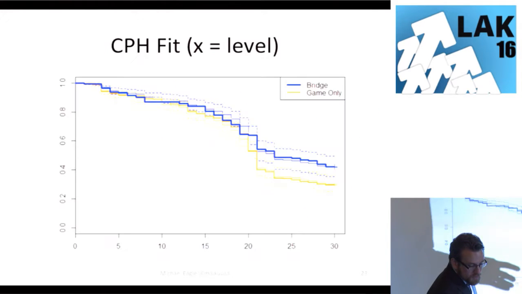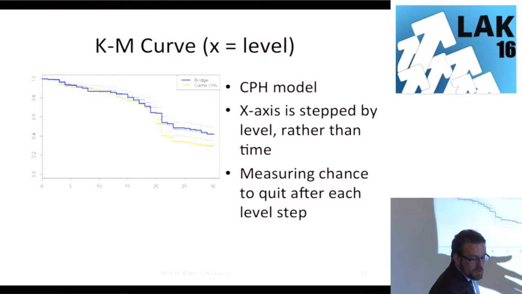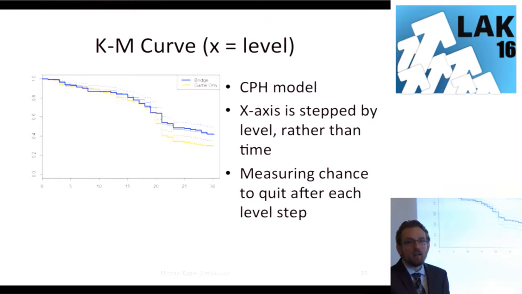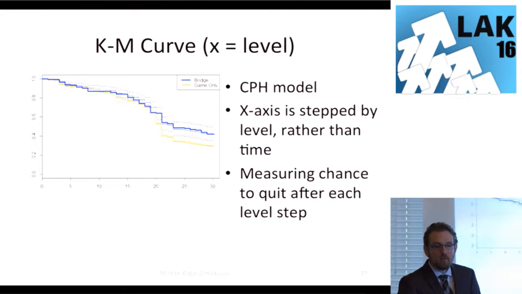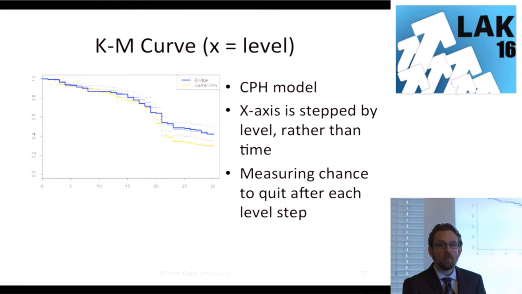Again, these plots all look really similar. The biggest takeaway, though, is that between the two groups, one group is just remaining engaged longer, and specifically, there's one level, level 21, where the chance of dropping out is much higher for the game group versus the bridging group.